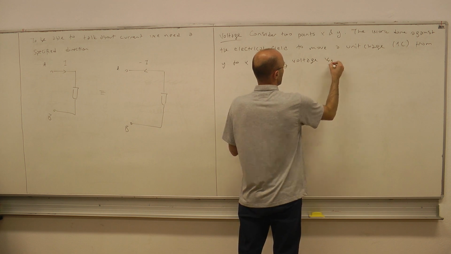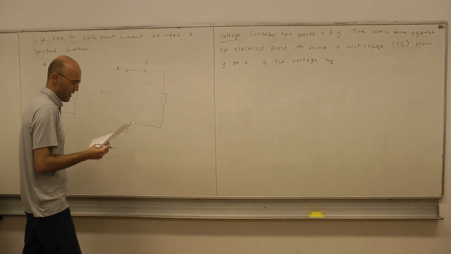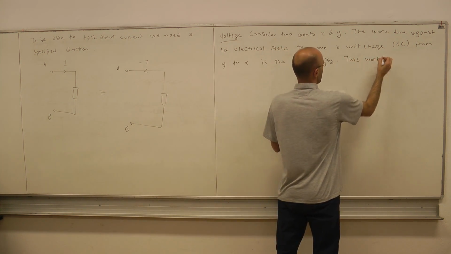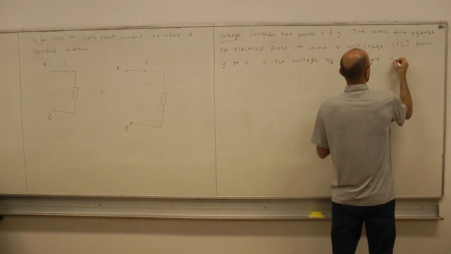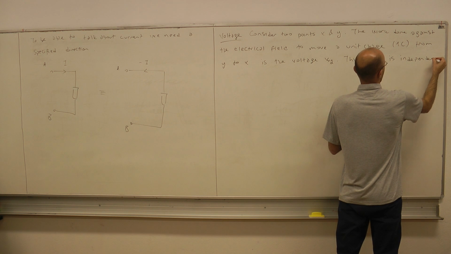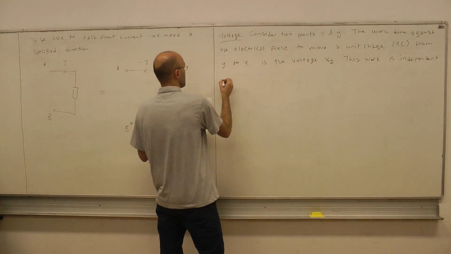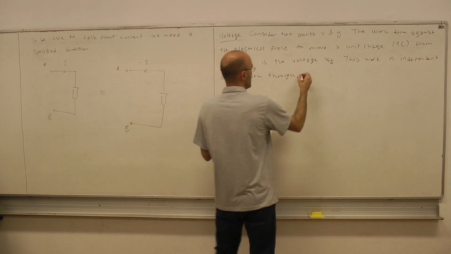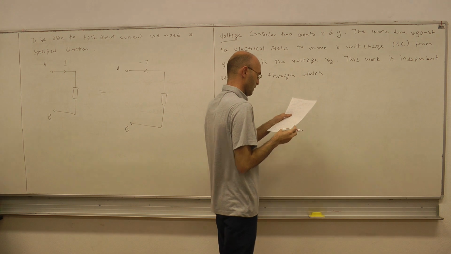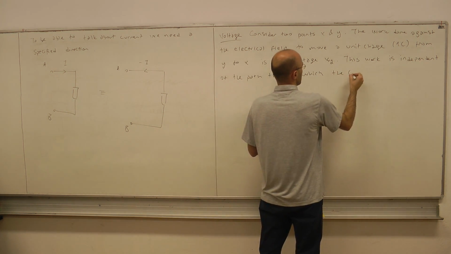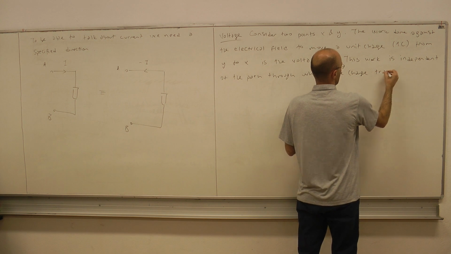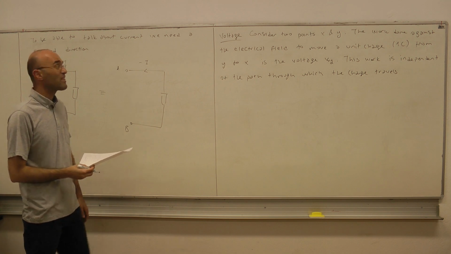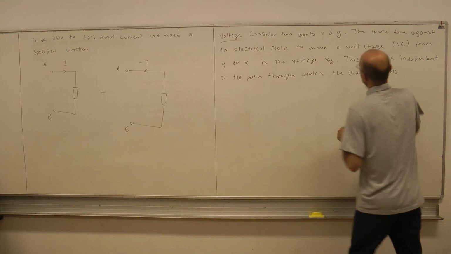V subscript XY. Okay. Now it turns out that this work is path independent, is independent of the path through which the charge travels. Okay. If it's path independent, there's only one thing that it can depend on, and it's the beginning and end points.